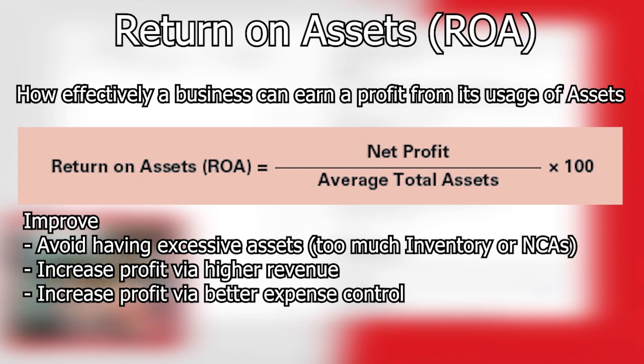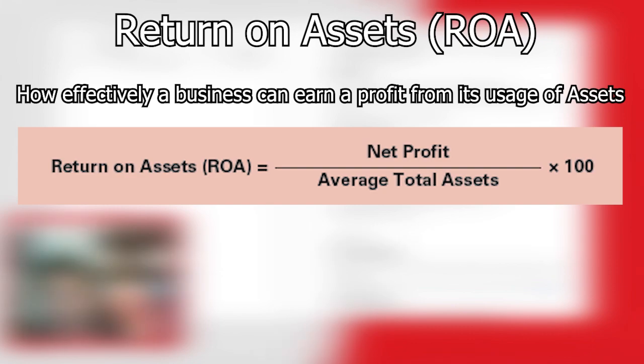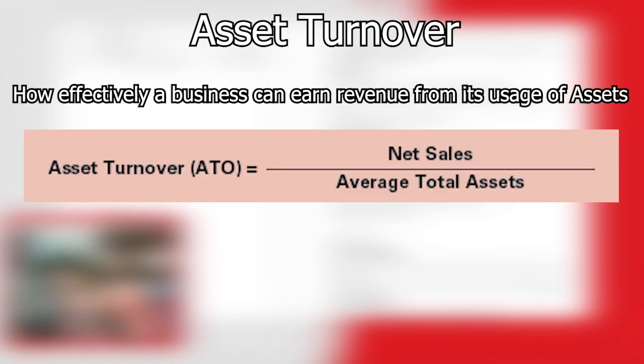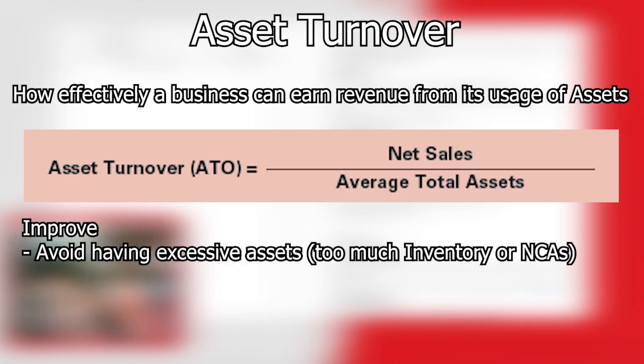Now, following on from that, we've got asset turnover, which measures how effectively a business uses its assets to earn revenue. And this is measured by net sales over average assets. The way to improve this, again, is ensure we do not have excessive assets, so holding too much inventory, but also just to improve our revenue.